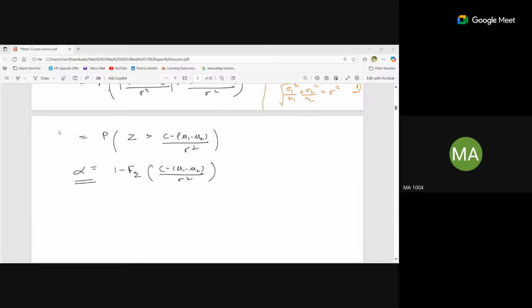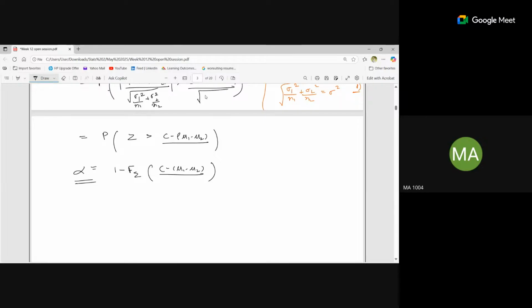Yes, Aditya. Should we use sigma square here? Yes, let me just check. So this will be under root of sigma 1 square divided by n1 plus sigma 2 square divided by n2.